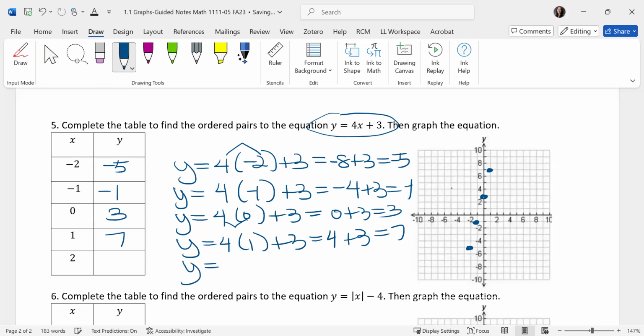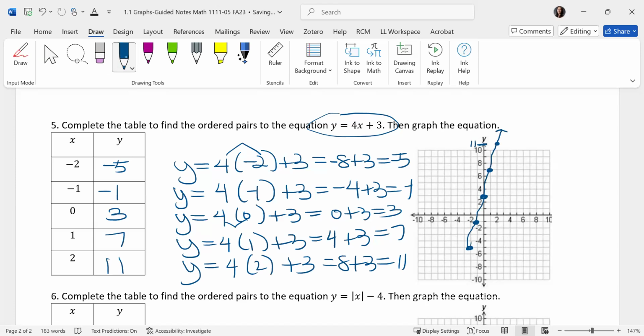Our last point, y = 2 times, oops, made a mistake. Supposed to do 4 and plug in 2, and then plus 3, and that's 8 plus 3, which is 11. So (2, 11). It's off the graph because 11 is right here. And so the 5 points, you can see that, just remember to connect the graph.